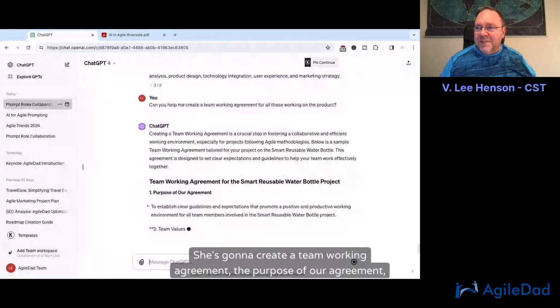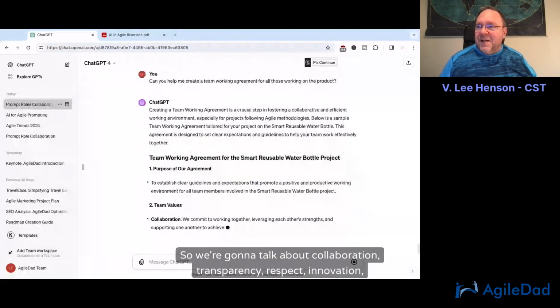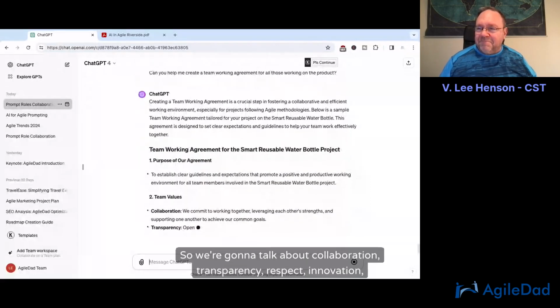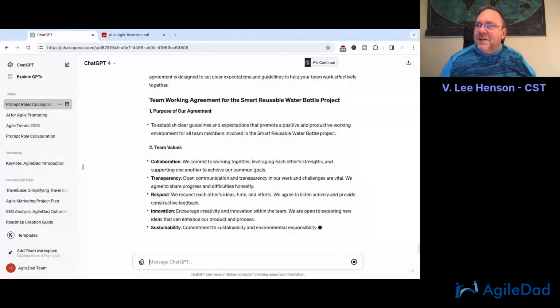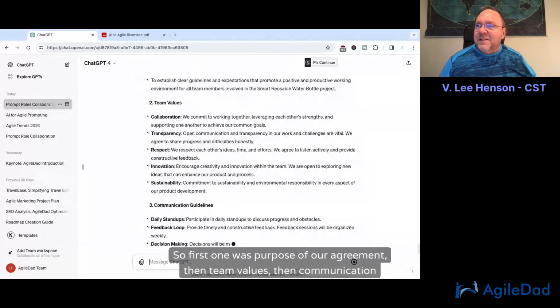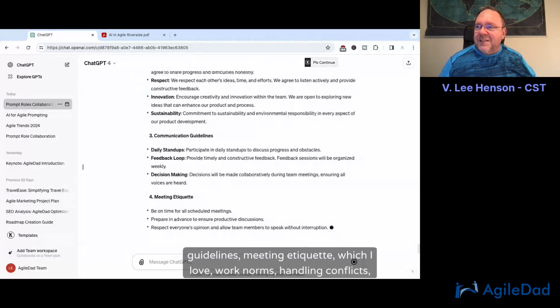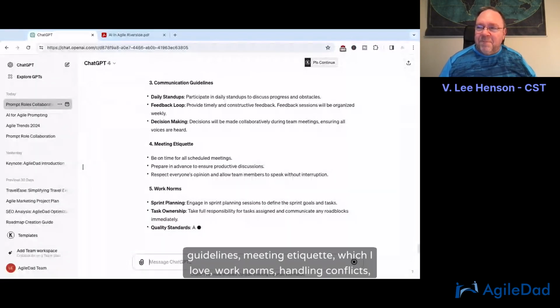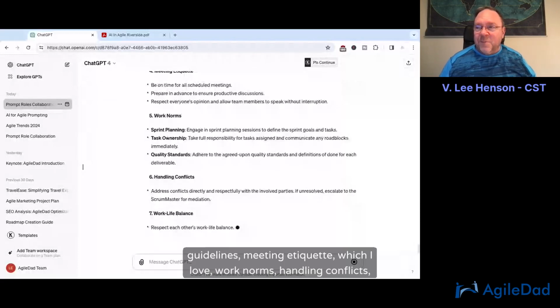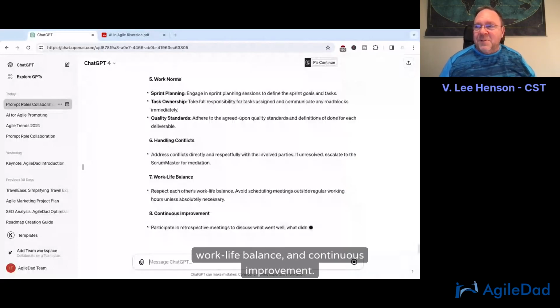The purpose of our agreement, team values. So we're going to talk about collaboration, transparency, respect, innovation, sustainability. So first one was purpose of our agreement, then team values, then communication guidelines, meeting etiquette, which I love, work norms, handling conflicts, work-life balance, and continuous improvement.